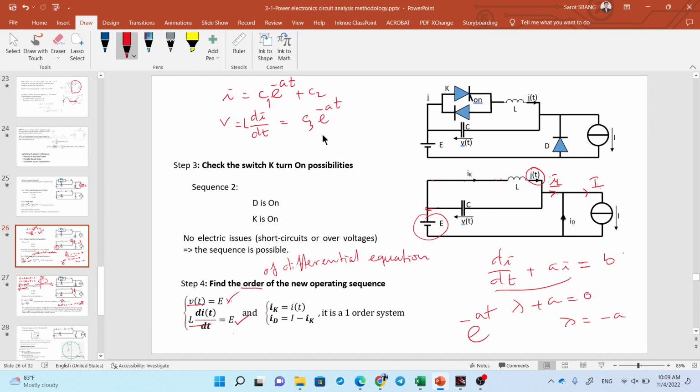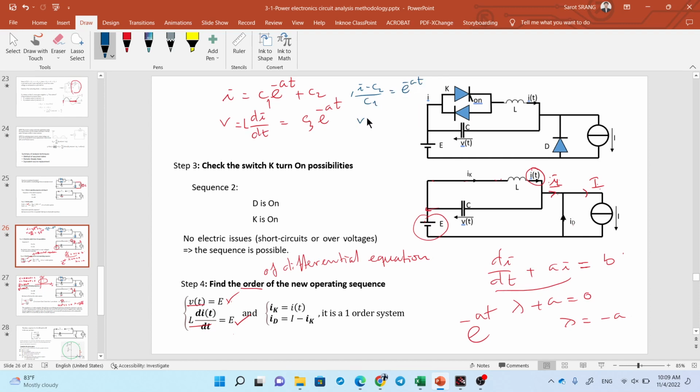So can you find that the relationship between I and V is just a line? Can you find a relationship like that between V and I? Because here I can write I minus C2 over C1 equal to e to the minus a t, right?